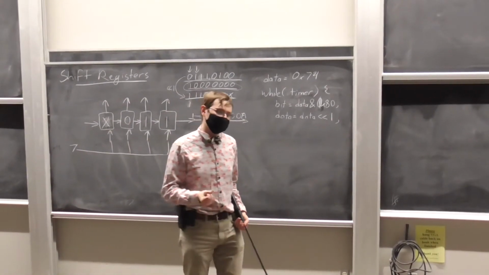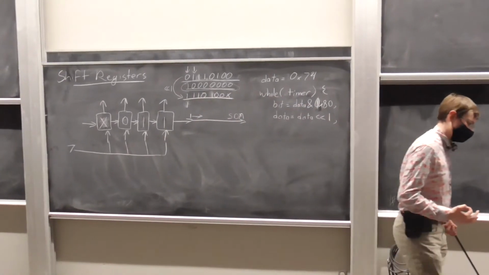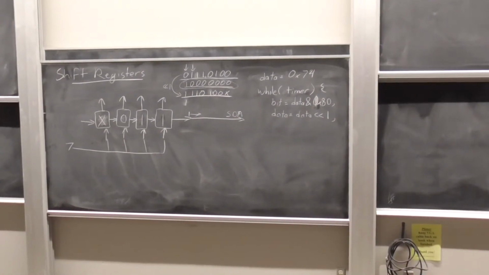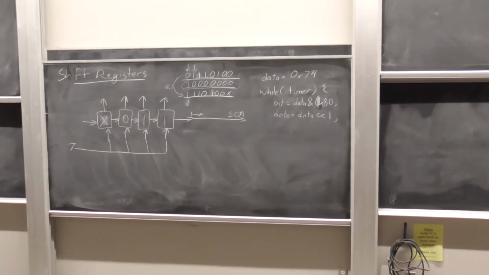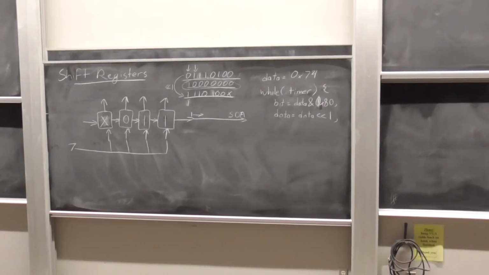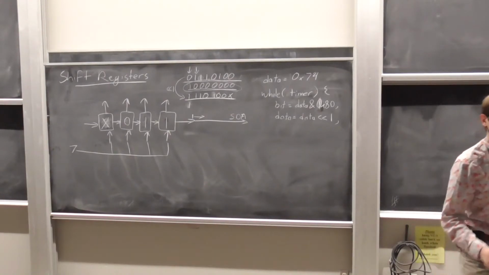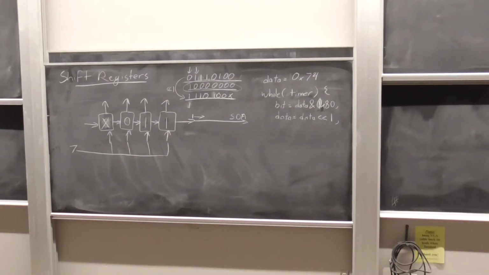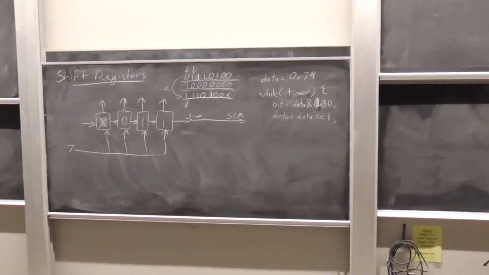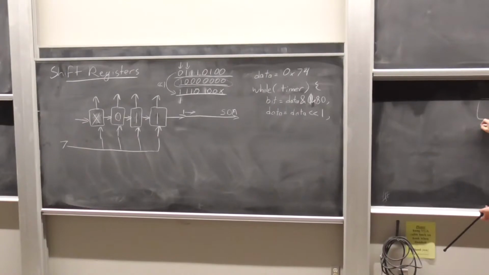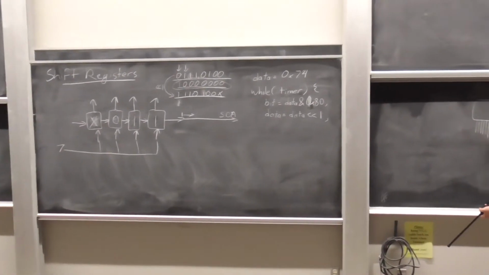The crux of it really is conversion between parallel signaling and serial signaling, right? Everything inside of the processor is done in parallel, because it has to be that fast. For your CPU, you've got a lot of lines coming out.